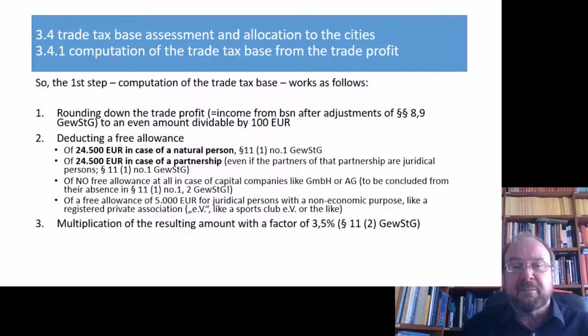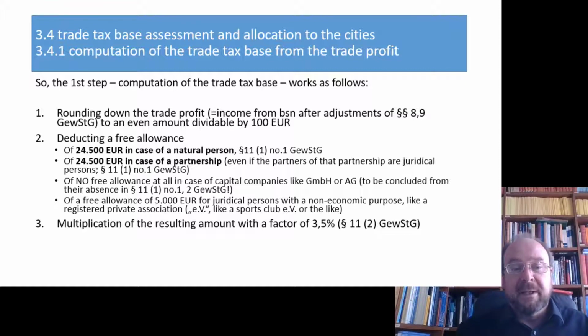That is a vital measure which keeps all the directors of such EVs who do not know about tax law out of prison. Because if there is no tax due, then if you don't hand in a tax declaration, you cannot commit tax fraud or a tax crime if the tax is zero. That's a very comforting idea, and that is why such a free allowance for these small and unimportant cases has been created.